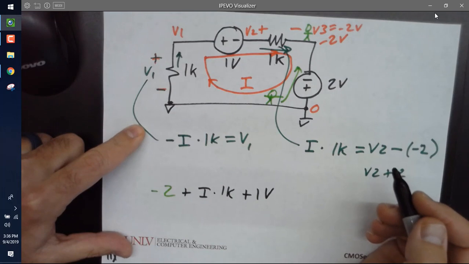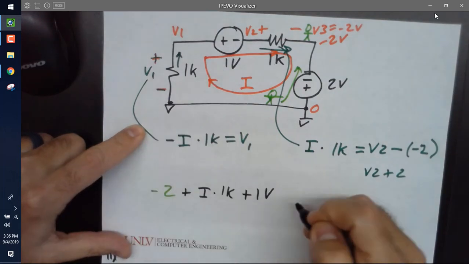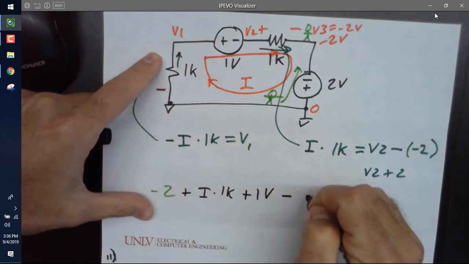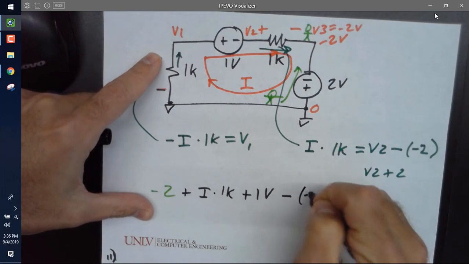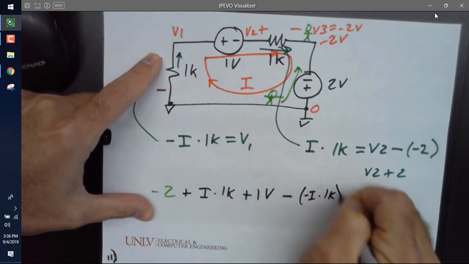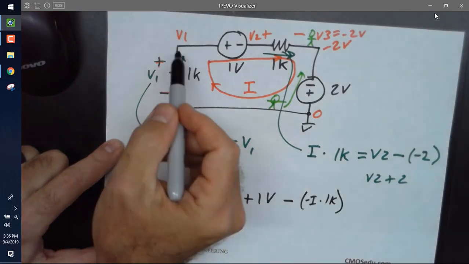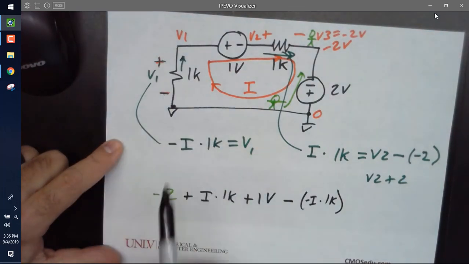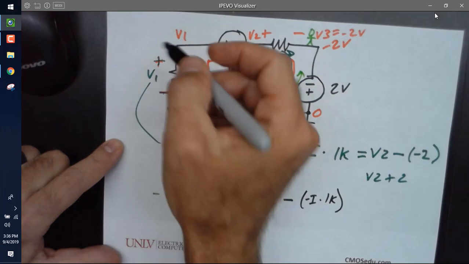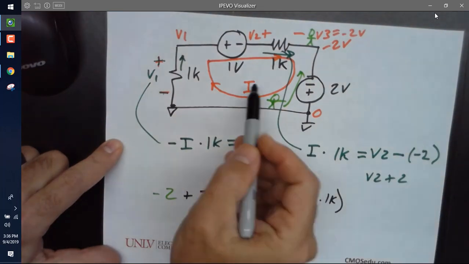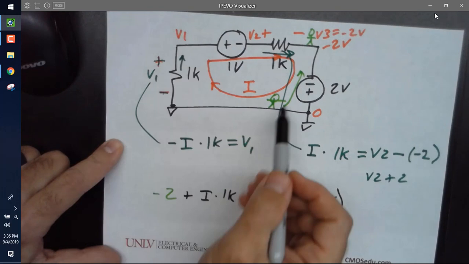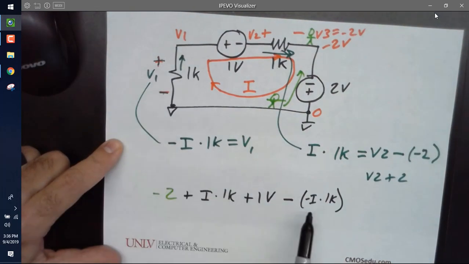Downhill, and I've written the voltage as minus I times 1K, because the way I've drawn this, I've put plus and minus, and it ends up being that the current is negative, so it's actually a positive the way I have it drawn.